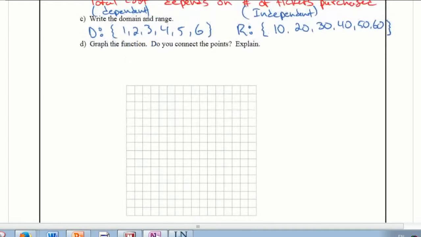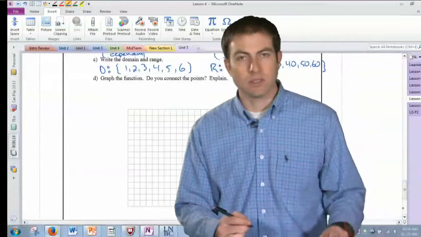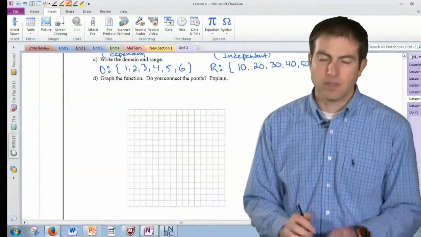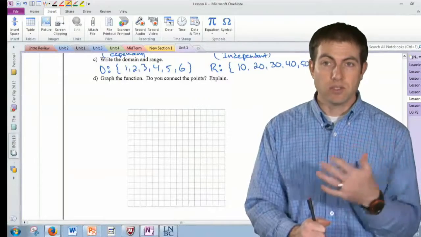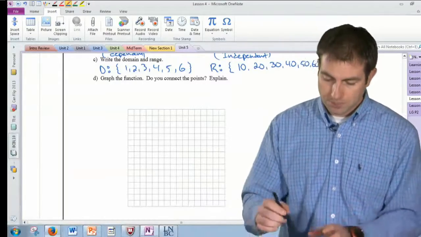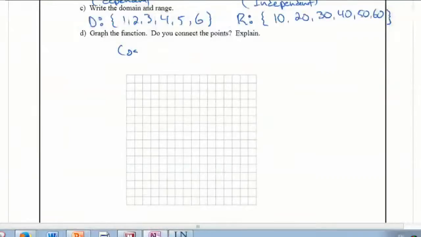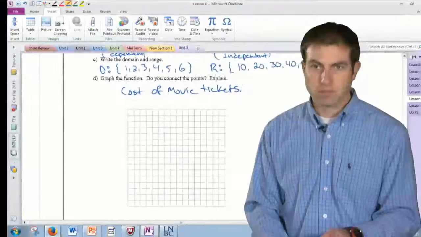When you get into chemistry and physics and even Science 10 for that matter, you need to have a descriptive title. It needs to identify the things you're dealing with. So maybe we'll just call this the cost of movie tickets.